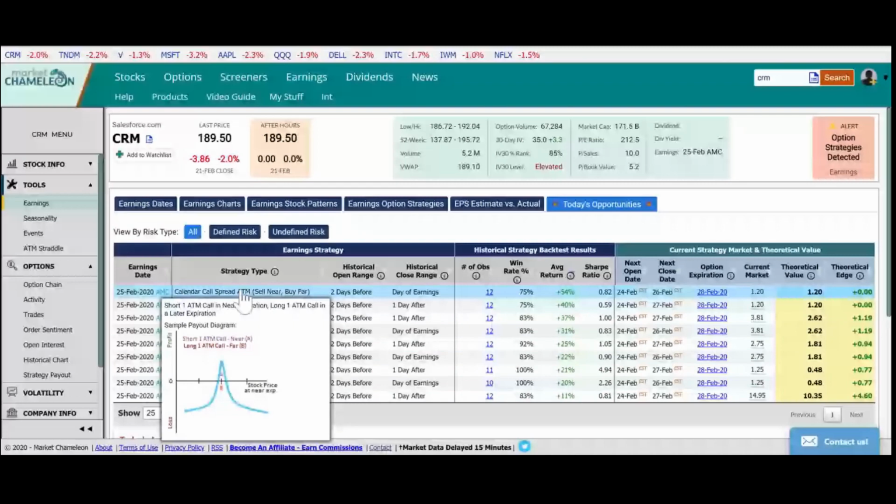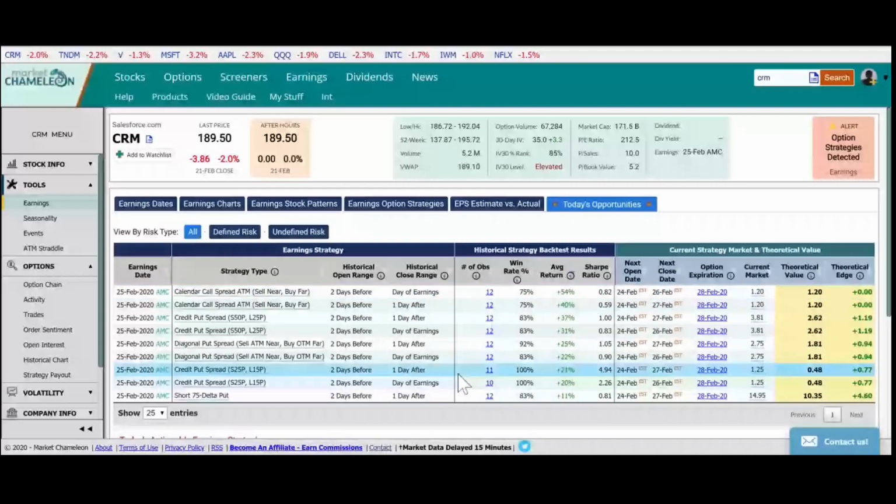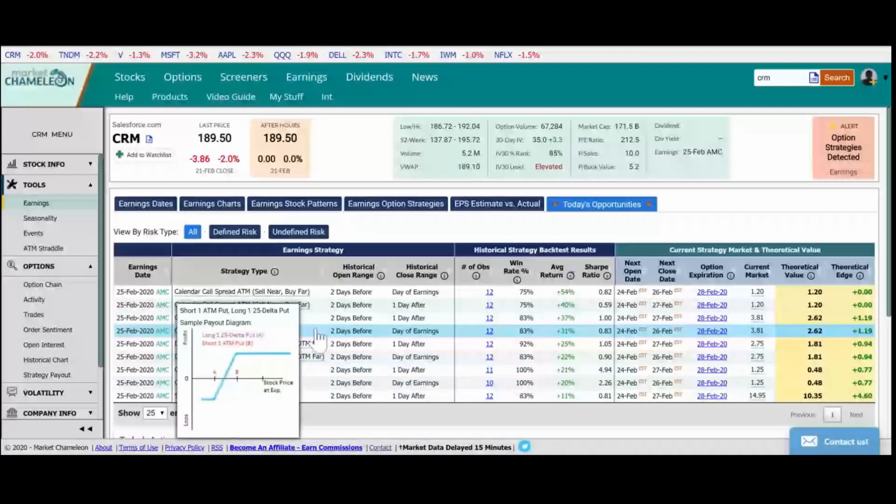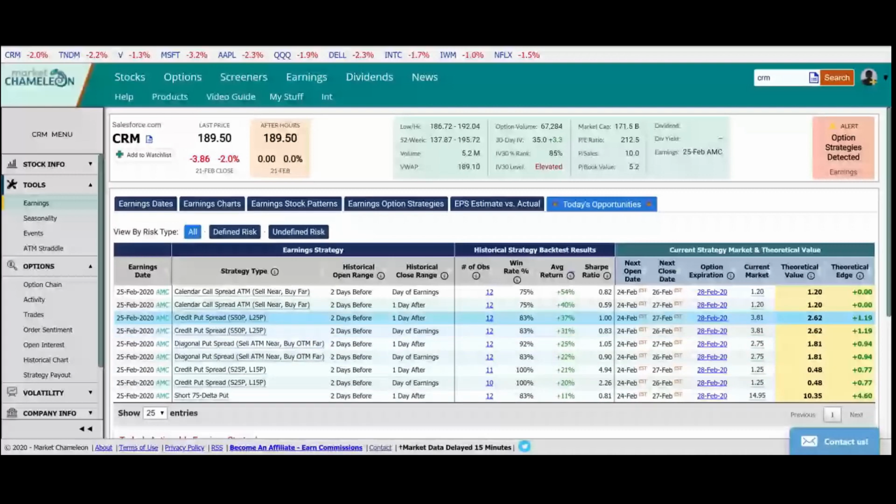Might be harder to explain, but here's a credit put spread, right? The credit put spread is selling the 50 delta put, buying the 25 delta put. If you did it 2 days before earnings and closed out 1 day after earnings, here's the statistics. 83% of the time, this was profitable with an average return of 37%.